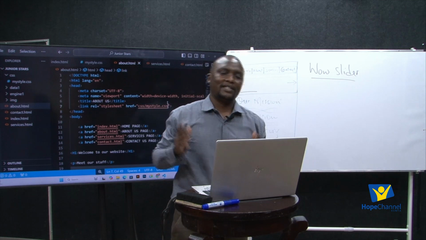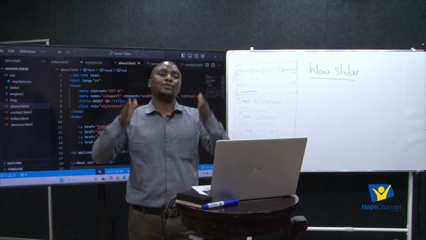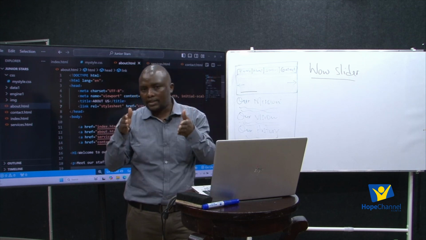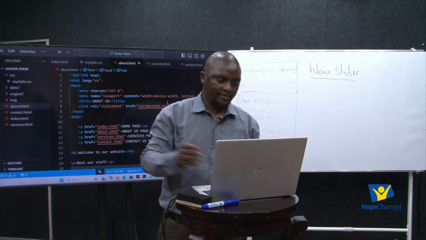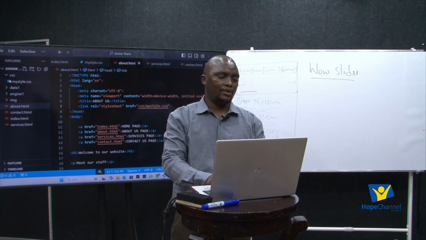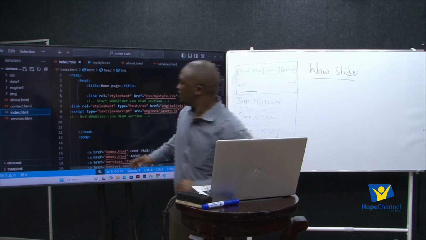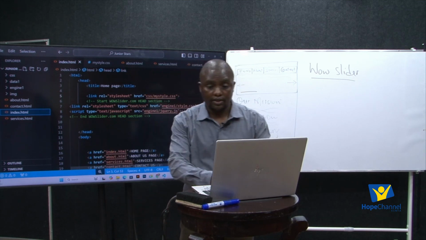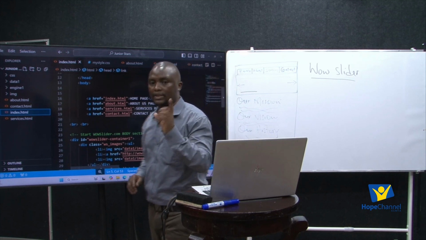For you to start the styling, one thing you need to have in your mind is what item exactly in your CSS are you styling. Let's get to the index file. We first understand the content of the index file, and then we know what we want to style.